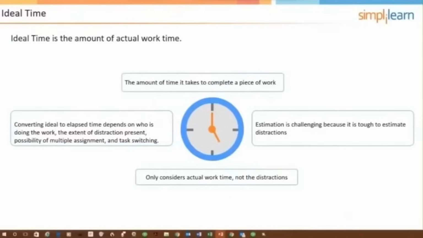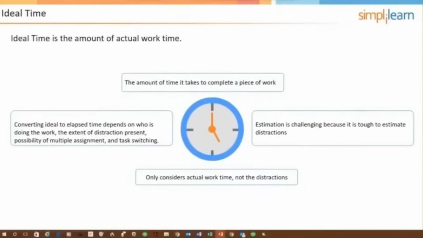So assuming that Priyanka could sit down at a keyboard and code for 8 hours without taking a break for lunch, no phone calls, no discussions, no meetings of any kind, just work 8 hours, how much could be done in that 8 hours by Priyanka? That's what ideal time is.